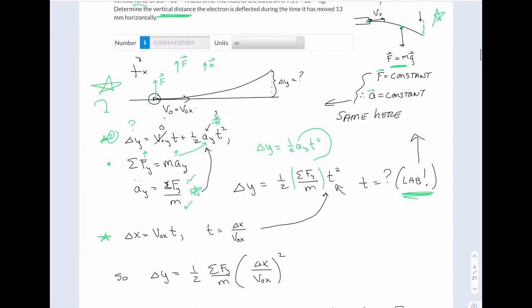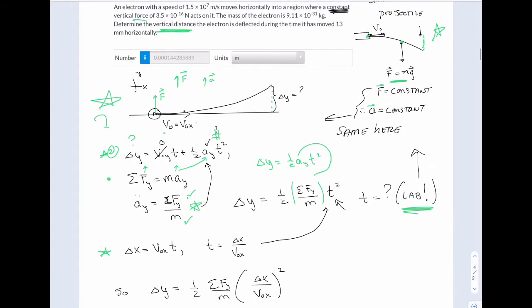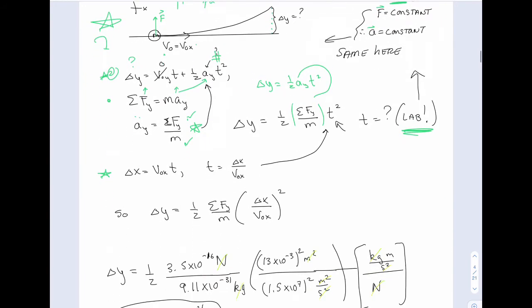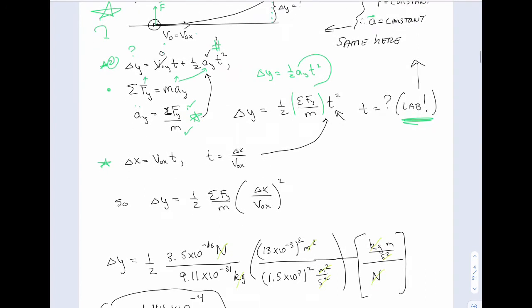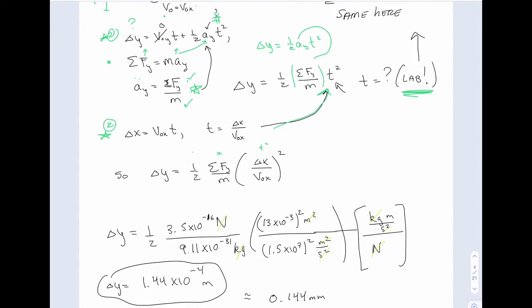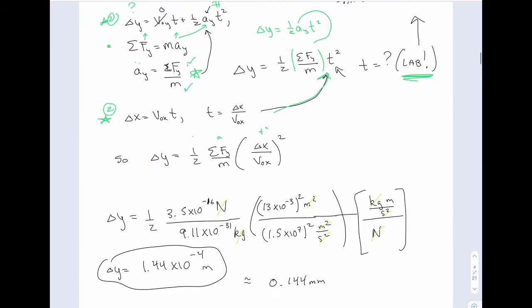They tell you delta x, how far over it's gone. So then I can use equation number 2 in the x direction, solve this for t, and put this t right there. And so I have 1/2 at squared. Just be careful of the units. I showed that the units do indeed give you meters.